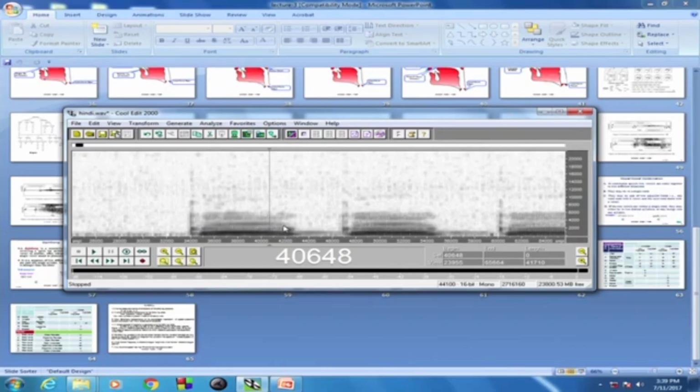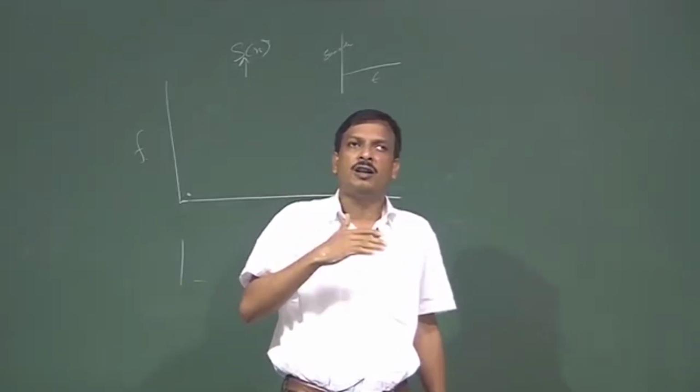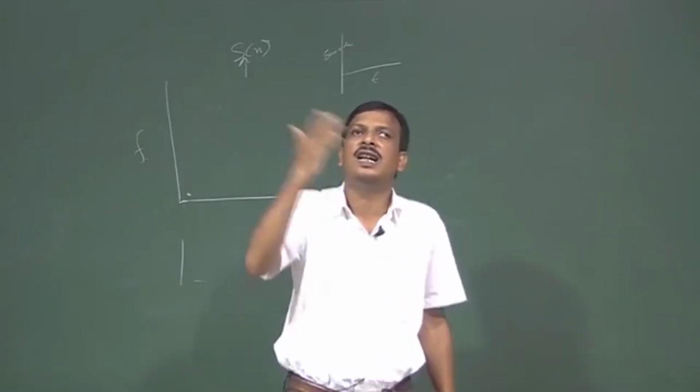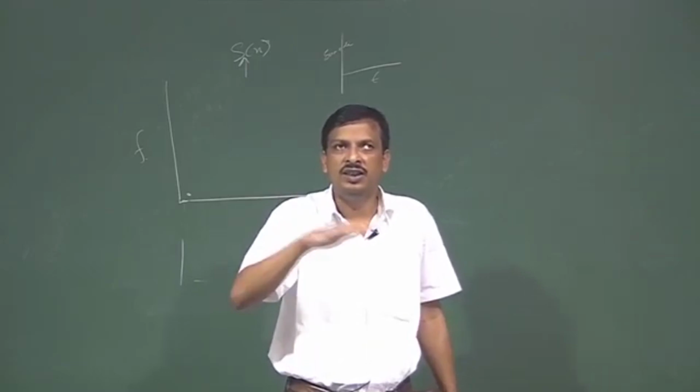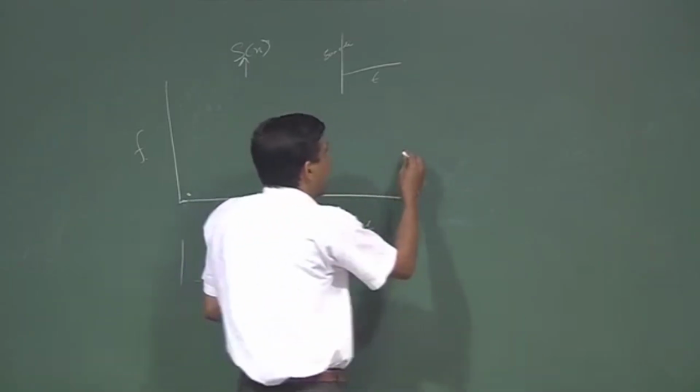So this portion is nothing but a transitory portion, when after the vowel I want to pronounce ka again. So this is the transitory portion between vowel and consonant.